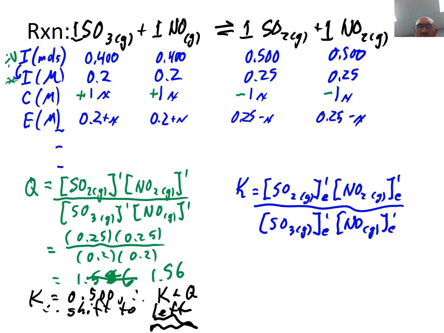This time, I don't have equilibrium concentrations. I don't have single numbers like I did with Q. I have expressions from the equilibrium line. So it's these expressions from the equilibrium line that I'm going to be using in here.